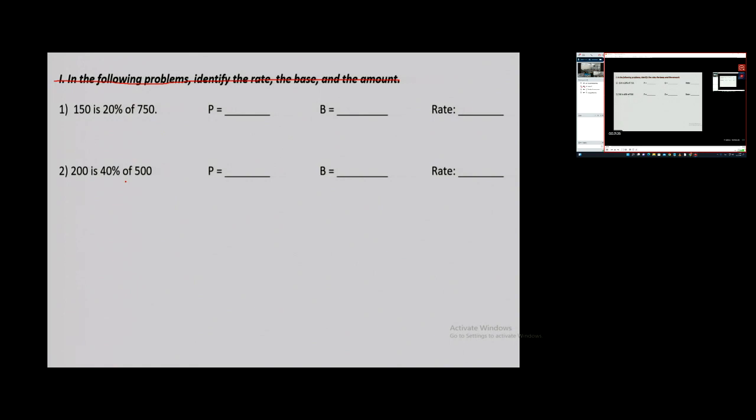Finished? Okay, I think everyone's finished. Exchange notebooks.